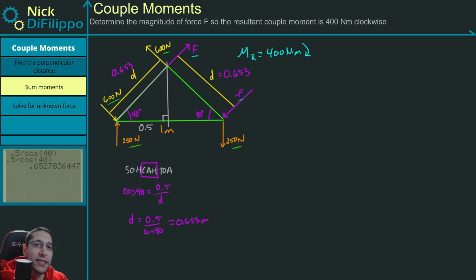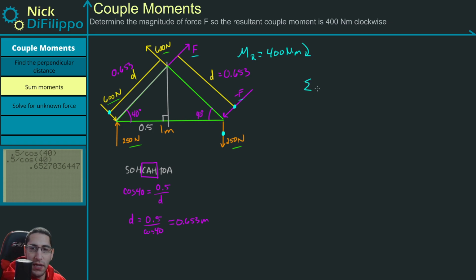What I have to do is sum all the moments in my problem. If I'm summing moments of a couple, I'm going to choose a point to sum each couple about, so that the point I'm summing about is on the line of one of these forces. So let's look at the 600 Newton force first.